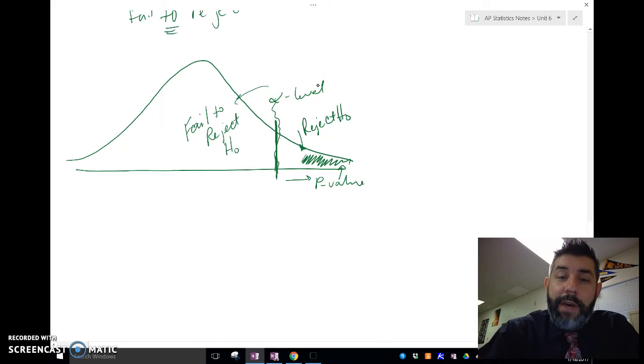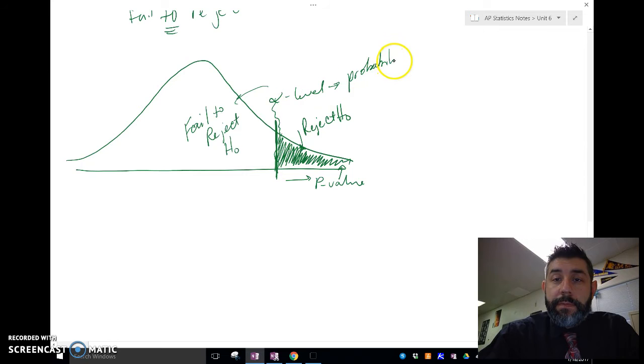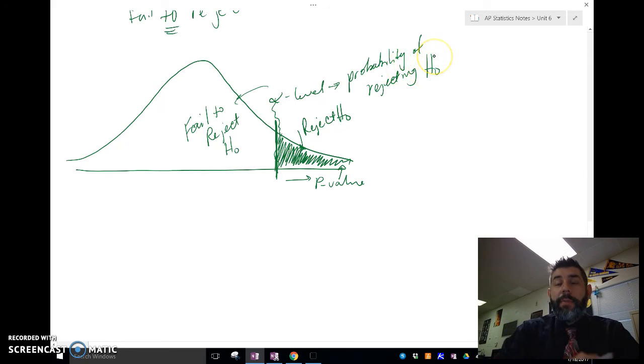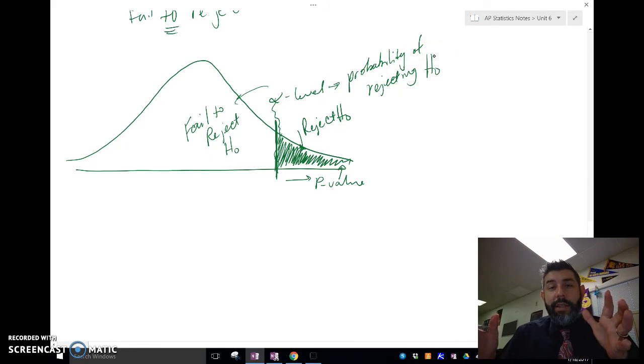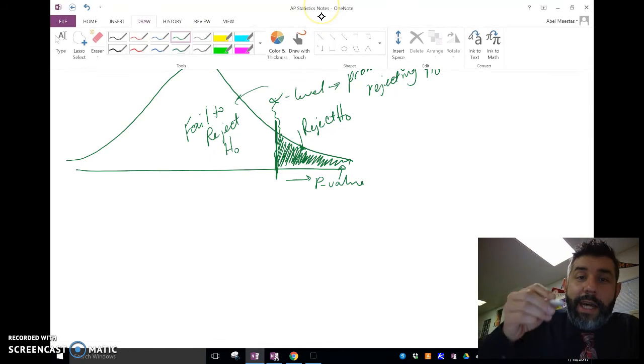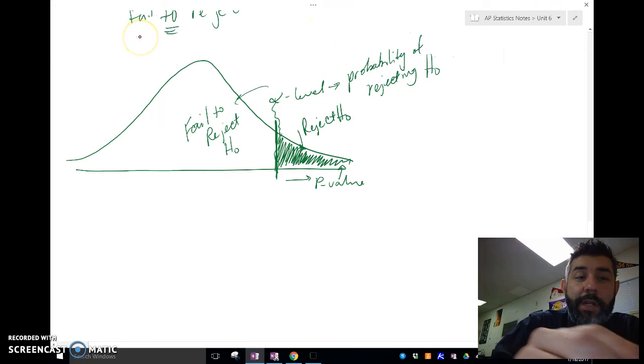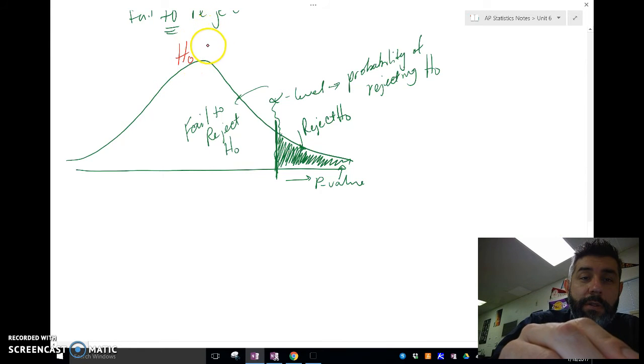So the p-value and this alpha level, this alpha level is really the probability of rejecting the null hypothesis. The probability that I reject the null hypothesis is going to be alpha. Well, let's suppose we made a type 1 error. This normal model tells me that the null hypothesis is true.